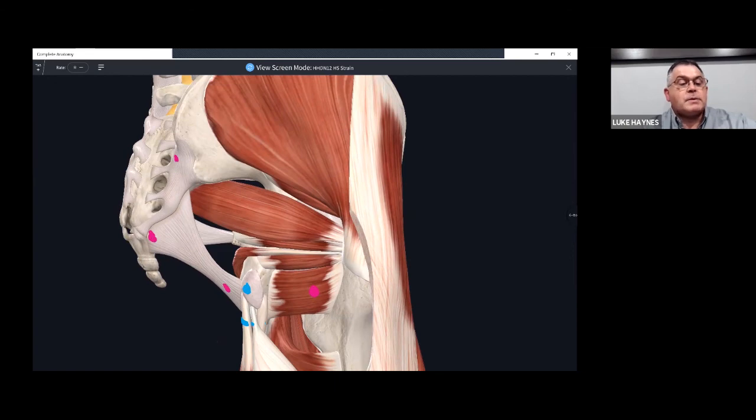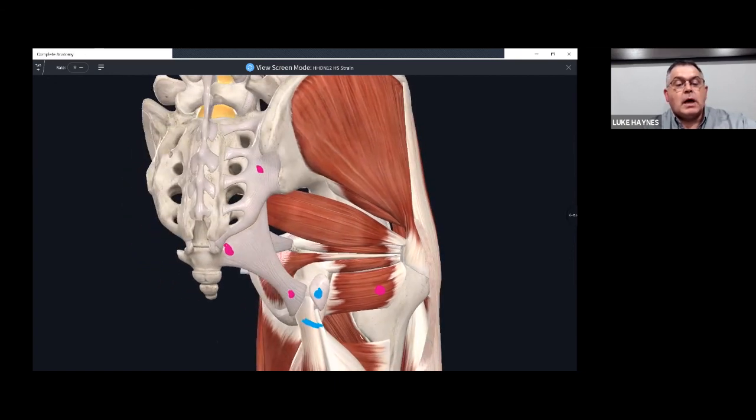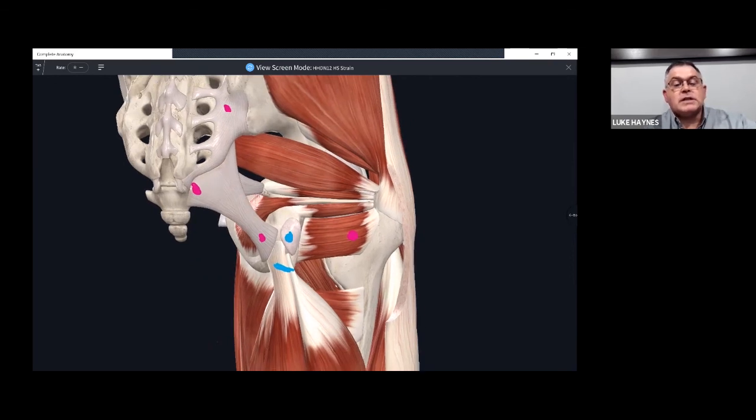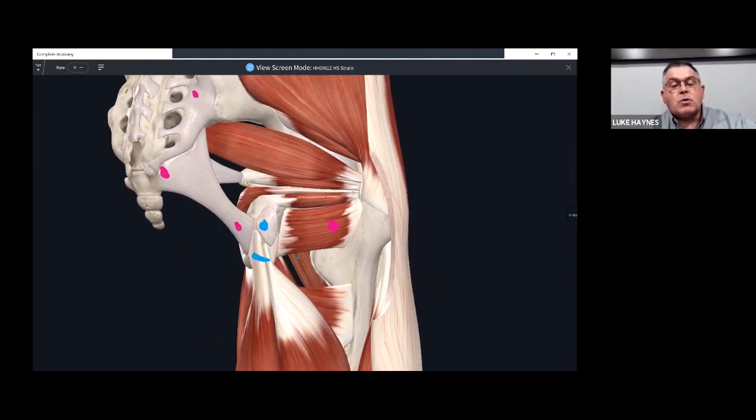For ligamentous purposes, the sacrotuberous ligament can be needled inferior to the PSIS at the sacrococcygeal junction or on the medial aspect of the ischial tuberosity itself. And then lastly, because quadratus femoris has a prominent attachment, we want to needle into that as well.